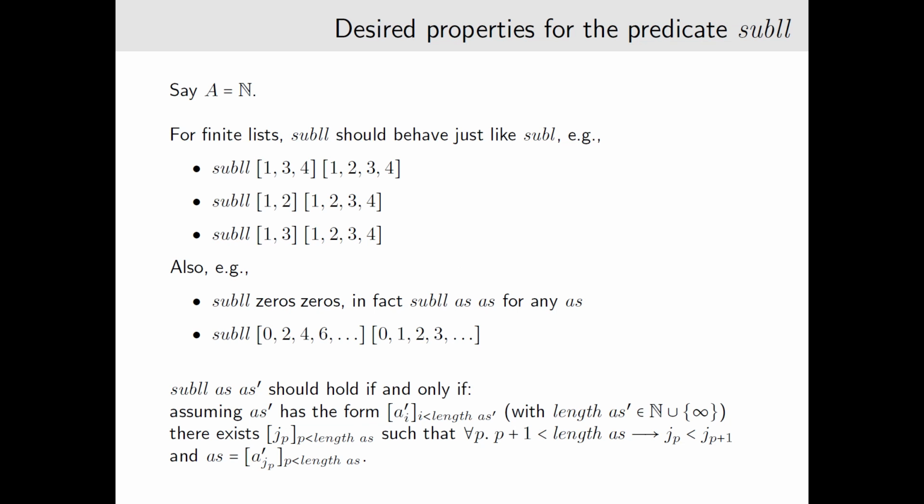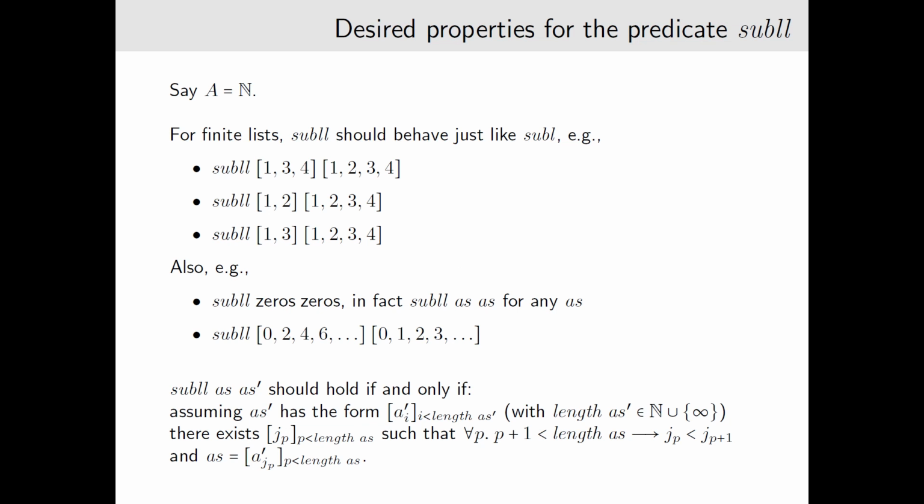But in any case, this is the ultimate litmus test, assuming that I wrote this correctly. So we want a relation that is equivalent to this relation, whatever we define coinductively. Yes, question? Why in the second to last line, why does J sub P need to be less than J sub P plus 1? Here? Yeah, we want an infinite stream of strictly increasing positions, okay.